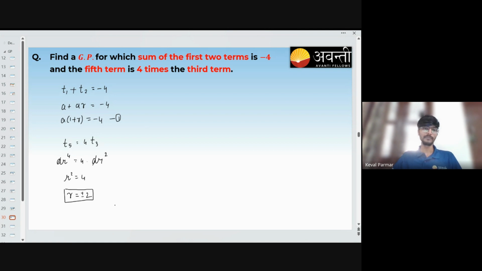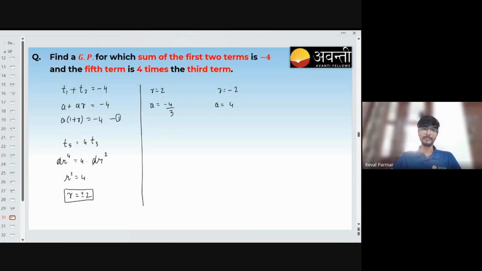Because many a times option में क्या होगा? Option A कुछ होगा, option B कुछ होगा, option C will be both A and B. अच्छा, I'll explain first. Let me solve. So R equals 2, R equals minus 2. If R equals 2, from equation 1, I'll get A is minus 4 by 3. And if R equals minus 2, I'll get A as 4.